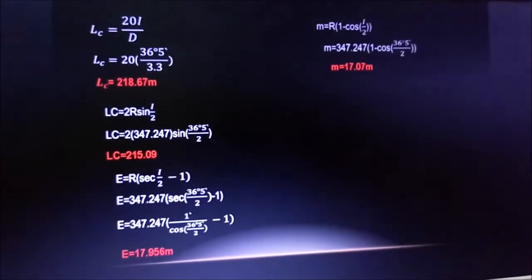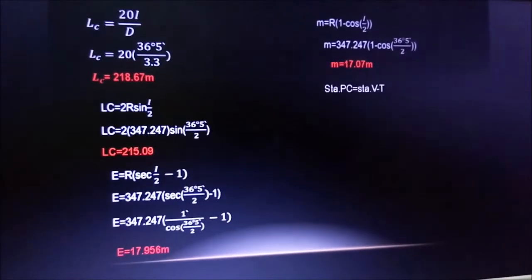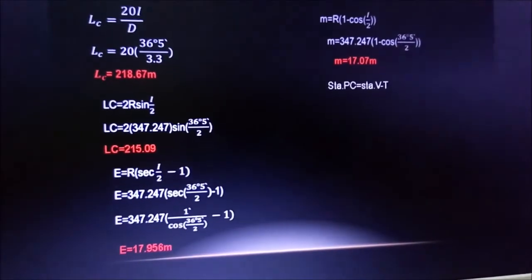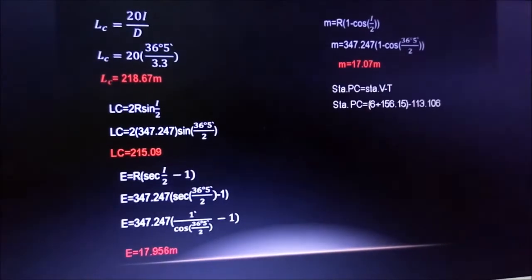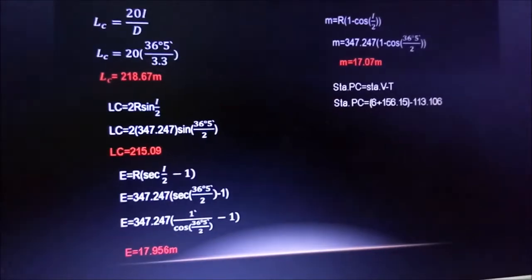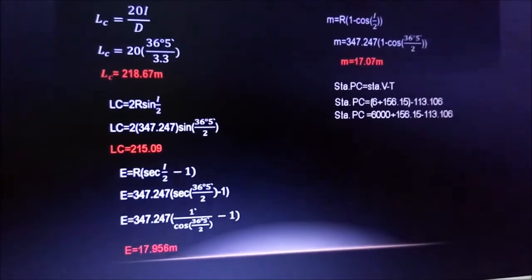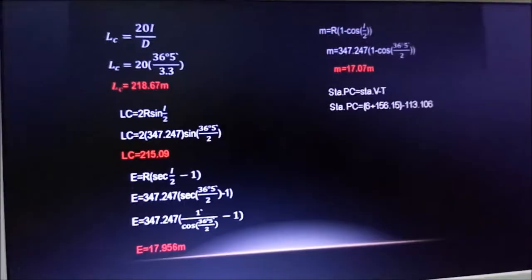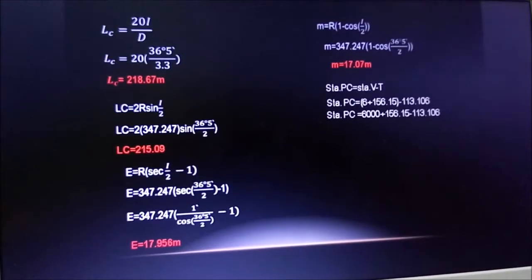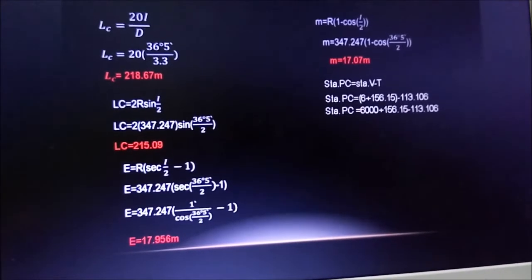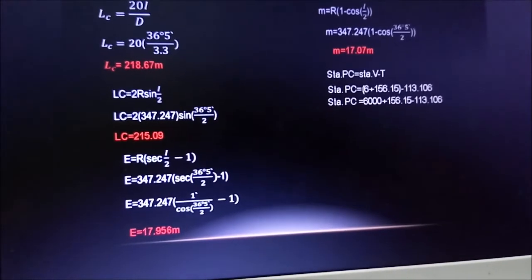The last element is the station at PC, wherein station PC is equal to station V minus the tangent distance. So station PC is equal to 6 plus 156.15 minus 113.106, or station PC is equal to 6,000 plus 156.15 minus 113.106.